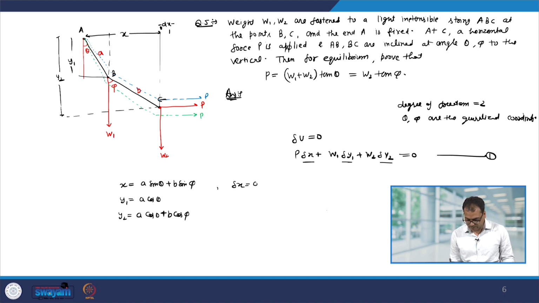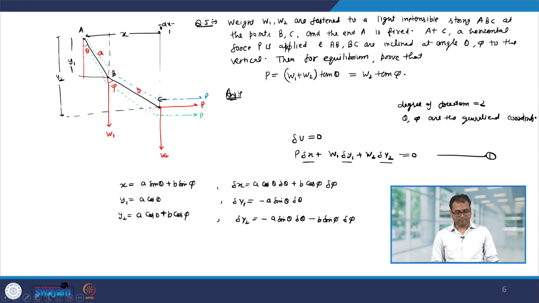Delta x will be a cos theta delta theta plus b cos phi delta phi. Similarly, delta y1 will be minus a sin theta delta theta, and delta y2 will be minus a sin theta delta theta minus b sin phi delta phi. Let us put these values of delta x, delta y1, delta y2 in equation number 1.